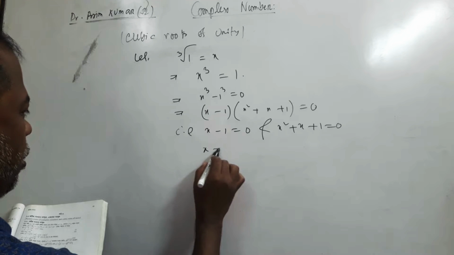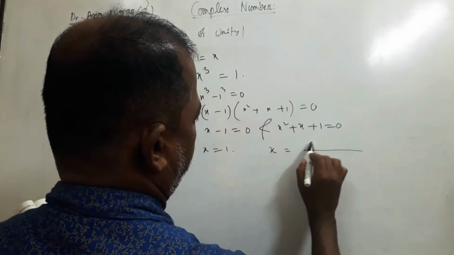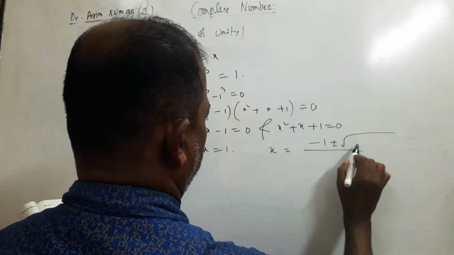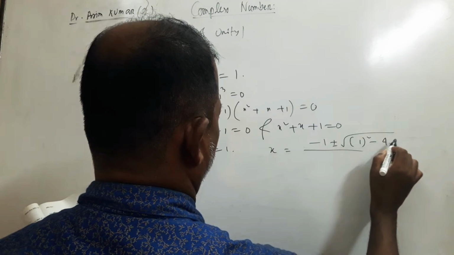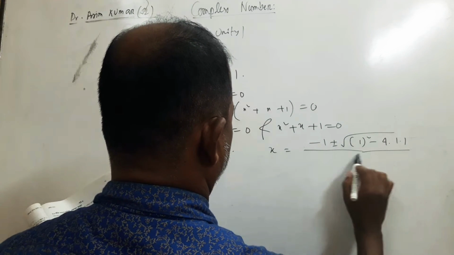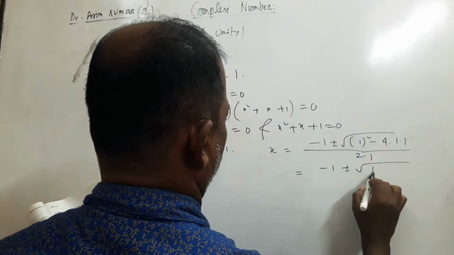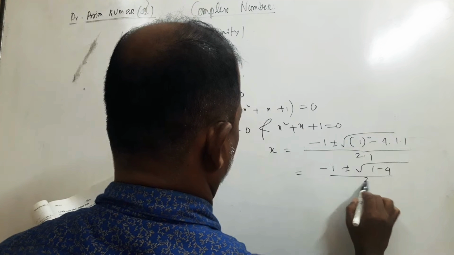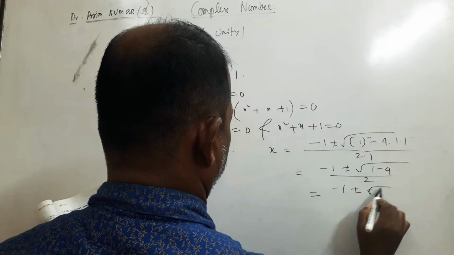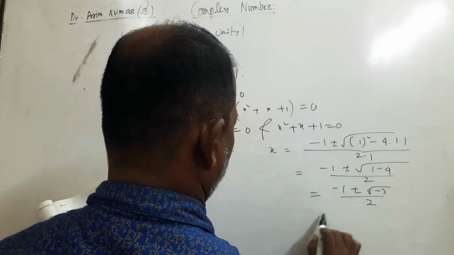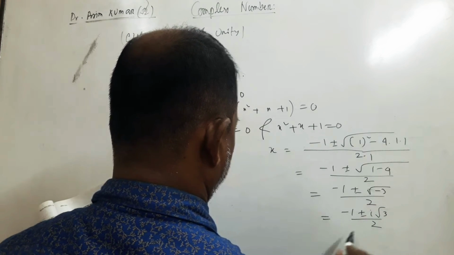So x equals 1 and x equals minus 1 plus or minus root of (1 squared minus 4 into 1 into 1) divided by 2 into 1. That is minus 1 plus or minus root of 1 minus 4, divided by 2, which is minus 1 plus or minus root of minus 3 divided by 2, so minus 1 plus or minus i root 3 divided by 2.